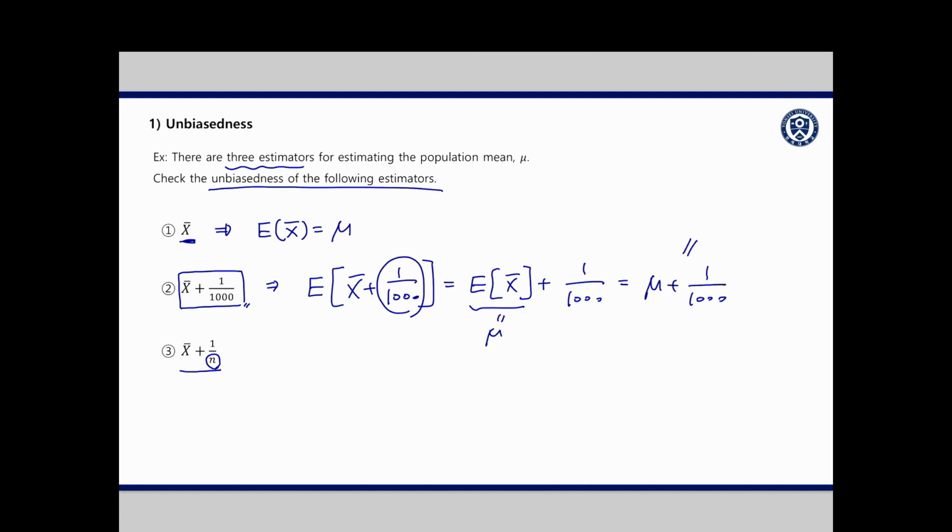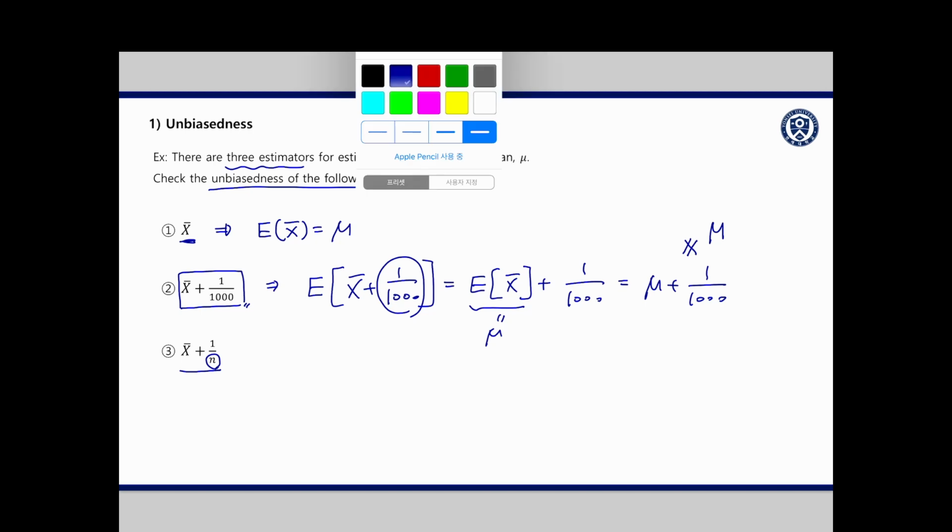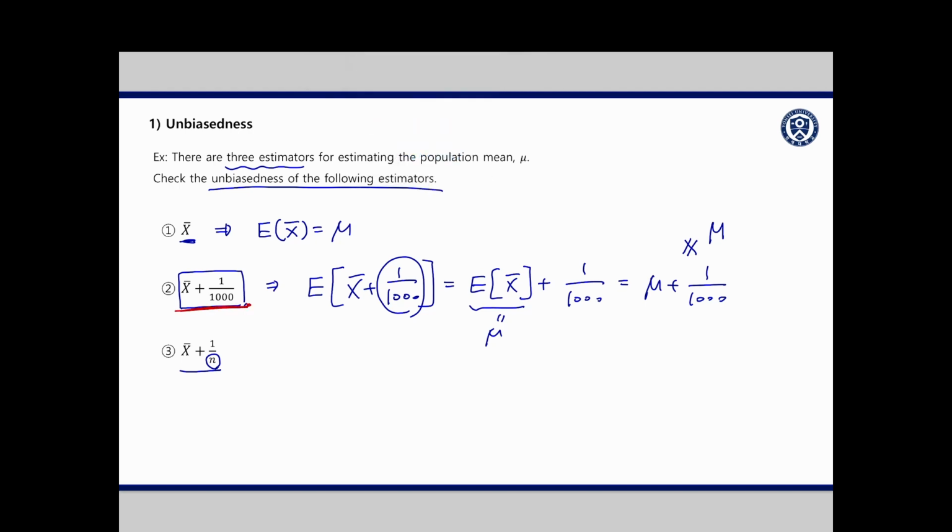So it does not equal mu, and the estimator is biased, with the bias equal to 1 over 1000.